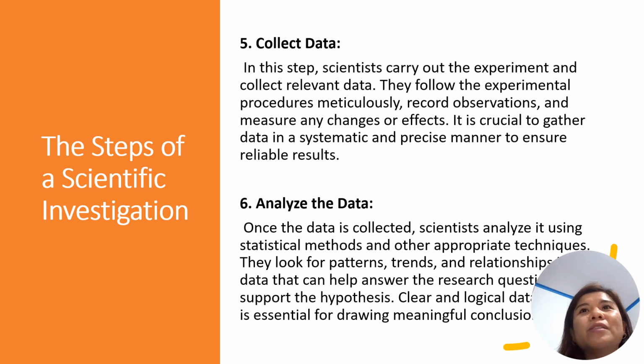They follow the experimental procedures meticulously, record observations, and measure any changes or effects. It is crucial to gather data in a systematic and precise manner to ensure reliable results. So in this step, we can see tables, tabulation of data, for example.